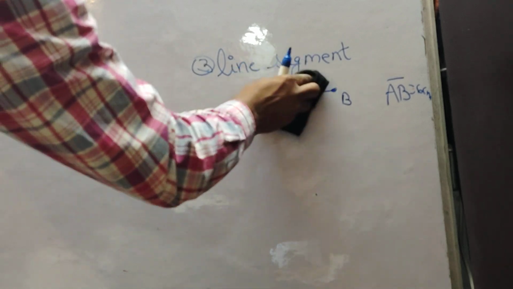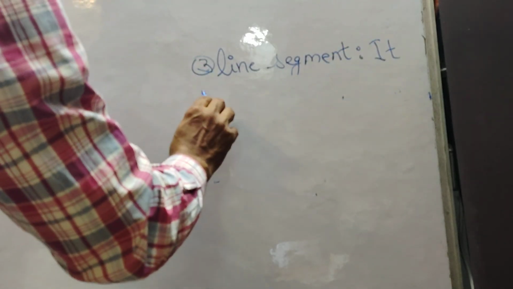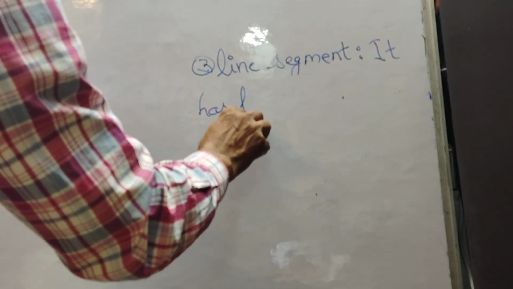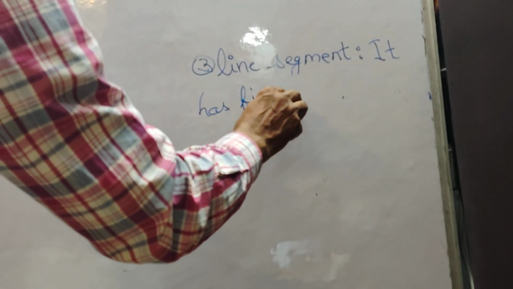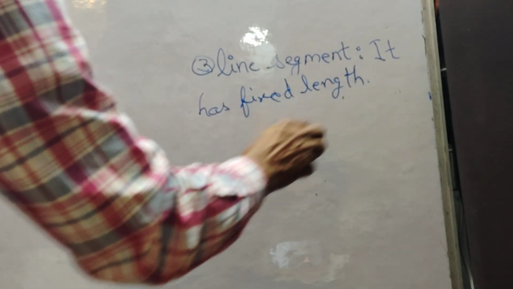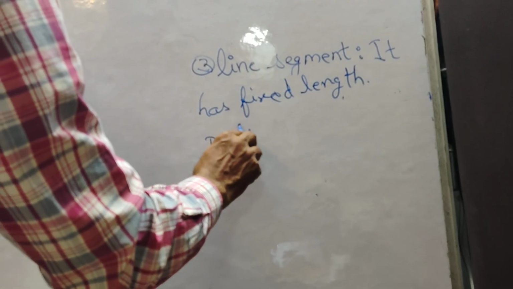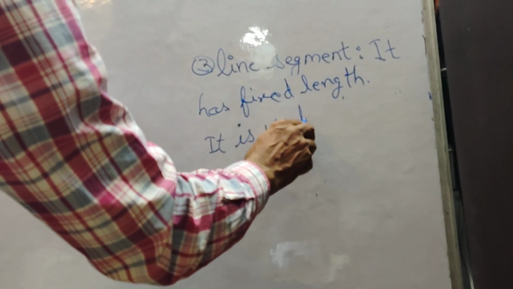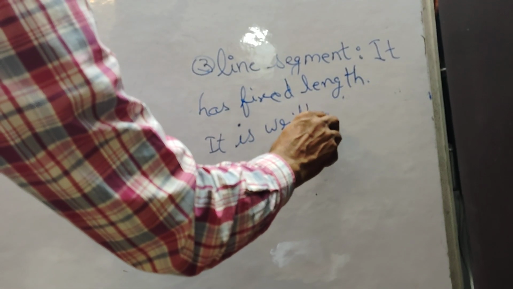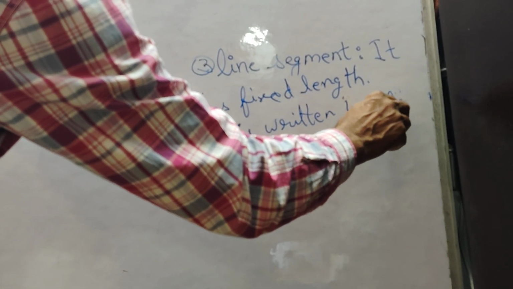So in its definition we can write: a line segment has a fixed length. It is written by two capital letters.